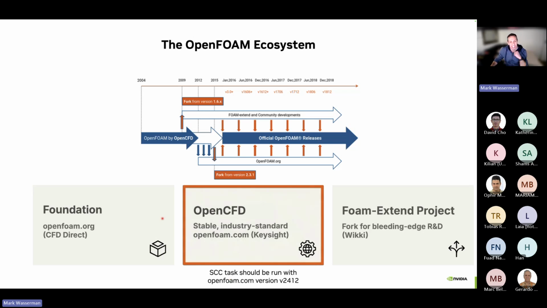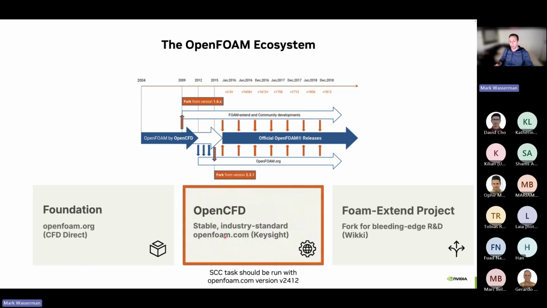But right now there are three leading forks of OpenFOAM, or three mainstream versions of OpenFOAM. One is the foundation version, which is maintained by CFD Direct, and it's called openfoam.org. The second one is led by a company called OpenCFD. It's actually a commercial company that lives from providing support and maintaining standard releases of OpenFOAM, even though OpenFOAM by itself is open source.